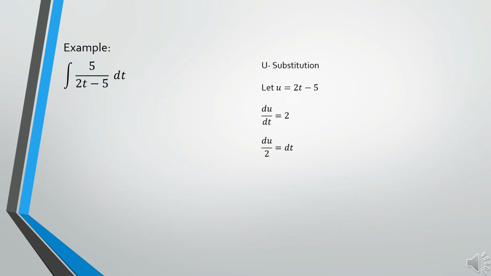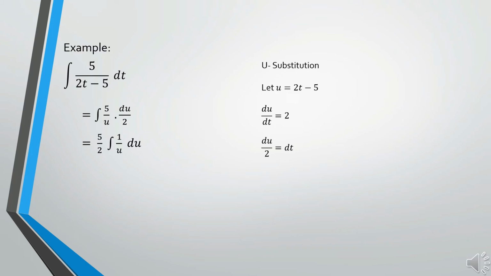Next step, we substitute: 5 divided by 2t minus 5 dt equals 5 over u times du over 2. Then we simplify 5 over u times du over 2 equals 5 over 2 integrate 1 over u du.